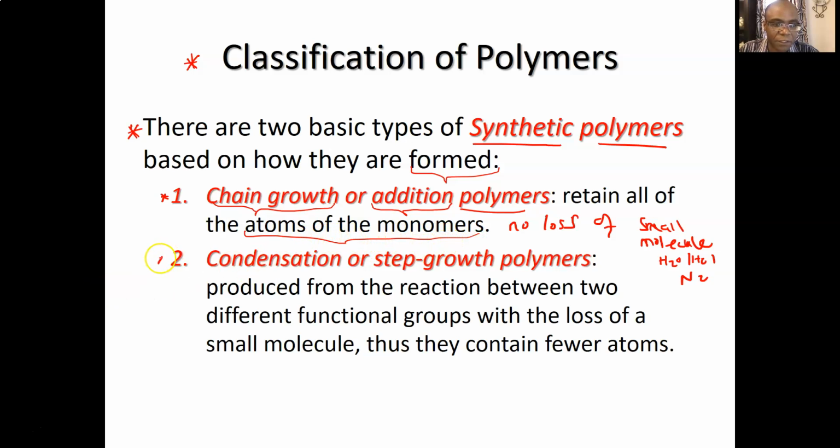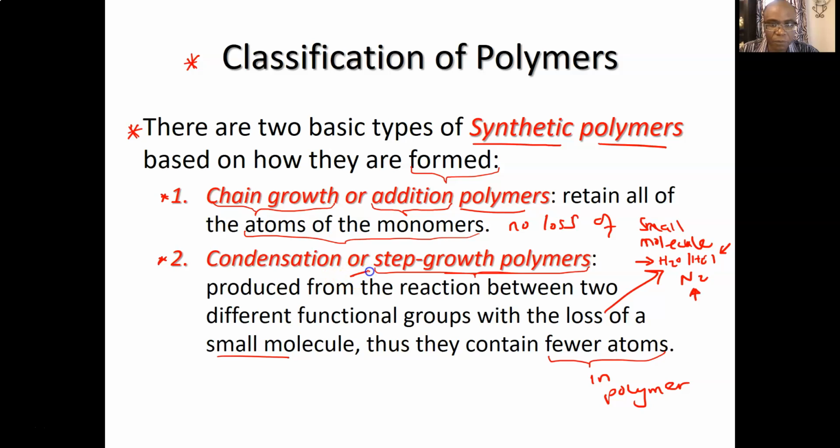But in condensation, it's characterized by the loss of small molecules, and that leads to fewer atoms in the polymer. The loss of the small molecule could be water, it could be HCl, it could be nitrogen. Those are the most common small molecules lost during condensation or step growth polymers.